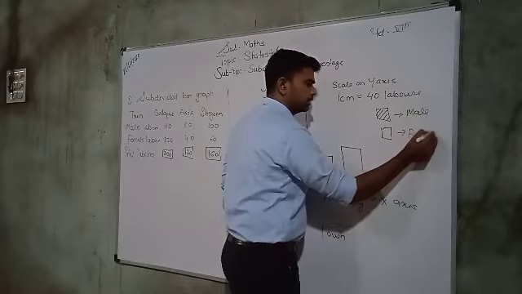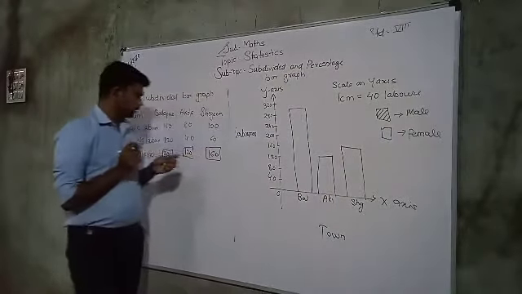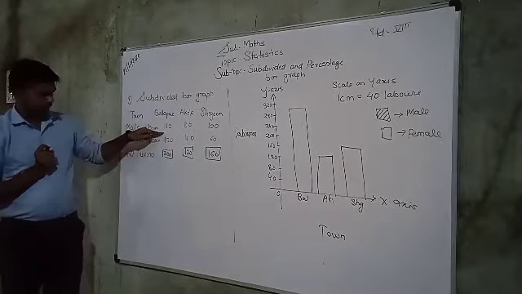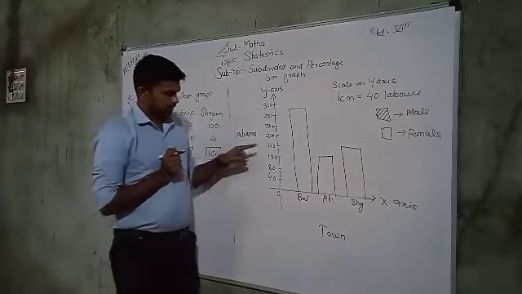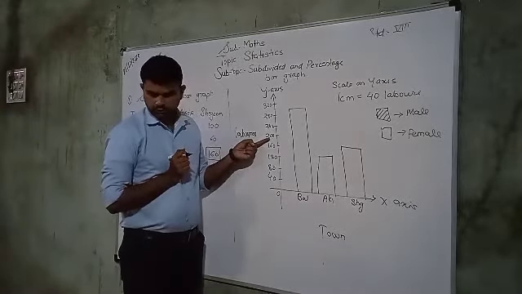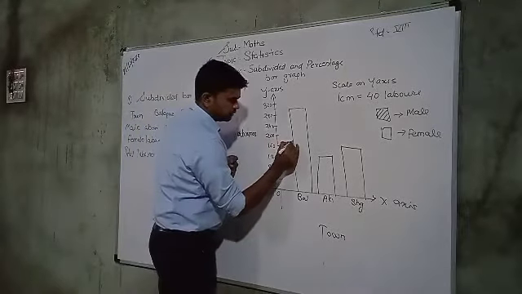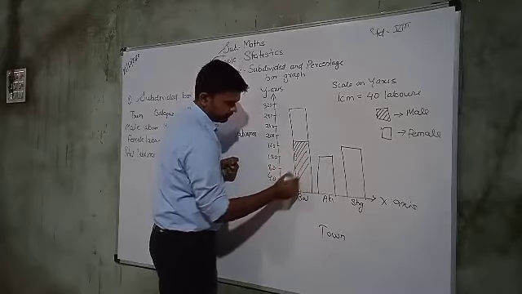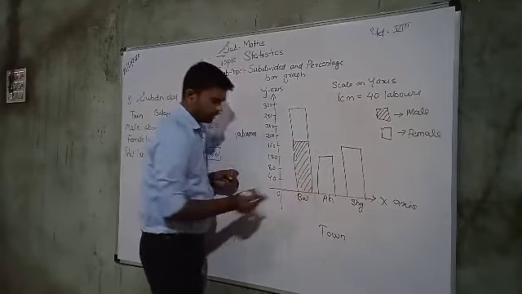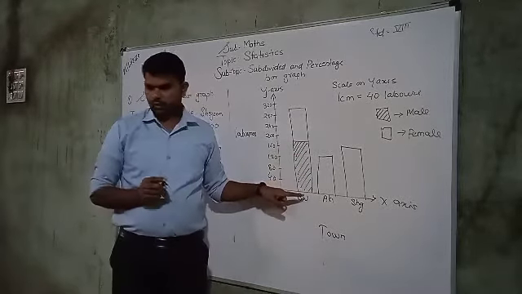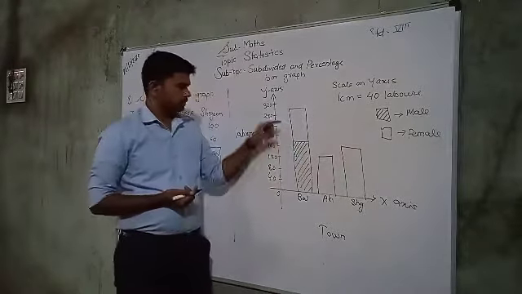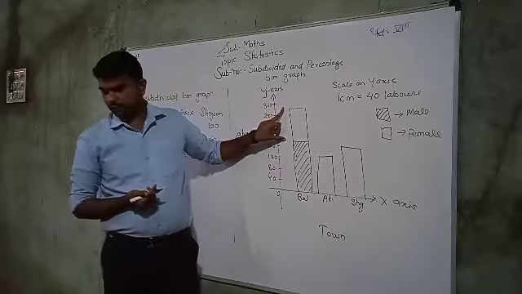Now how many males are there in Balapur? 180. So where is 180? Between 160 and 200, here. Why have we drawn this line? Because we are showing male. Then the remaining 120 are female.